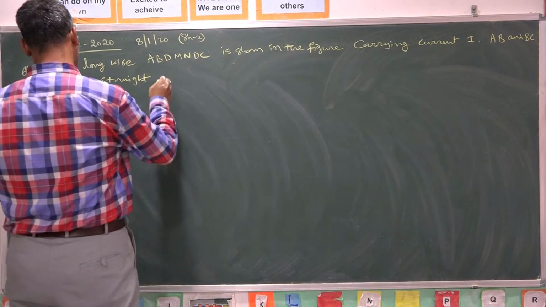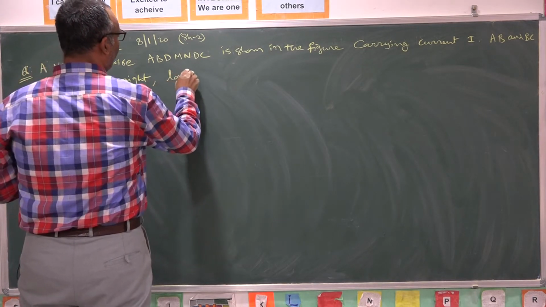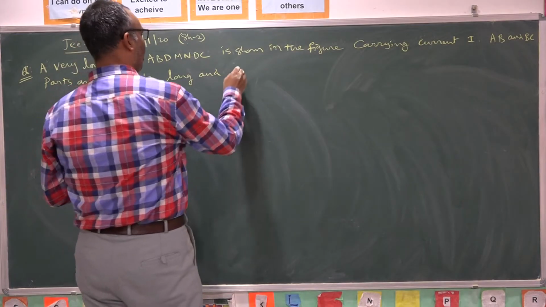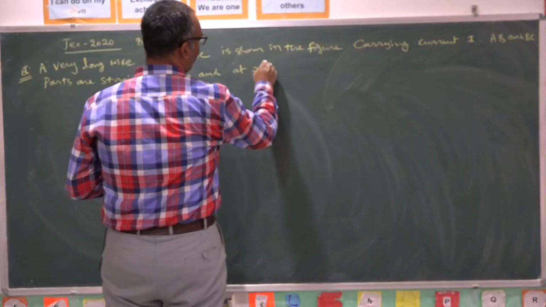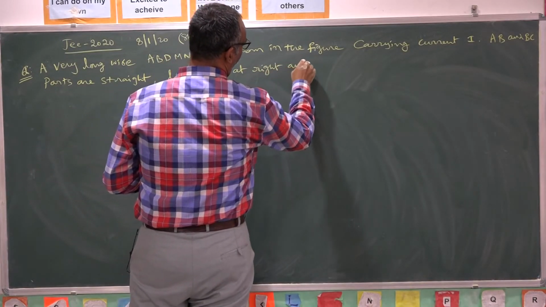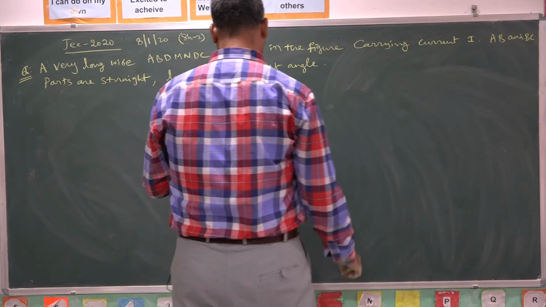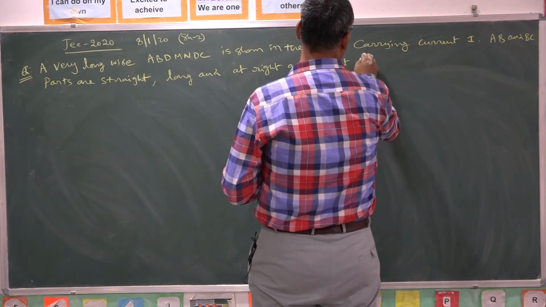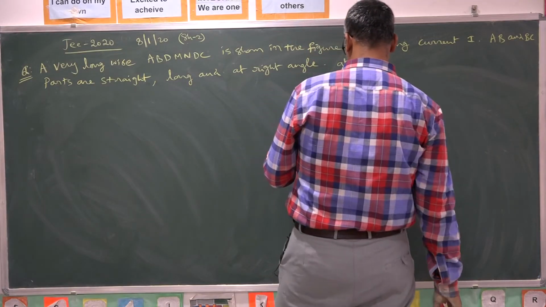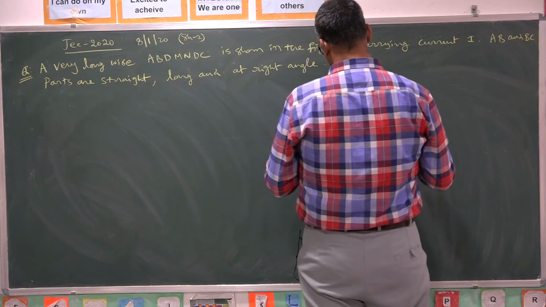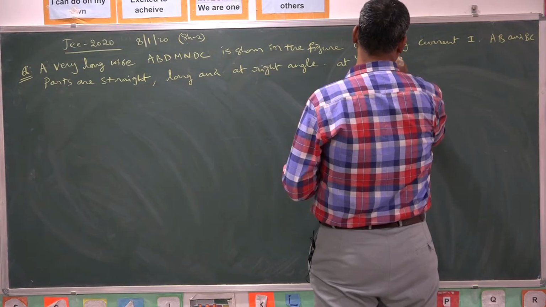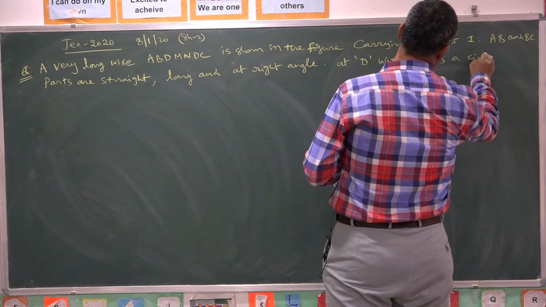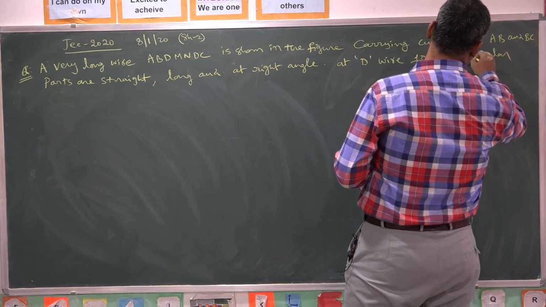Comma, long and at right angle. At D, wire forms a circular turn.